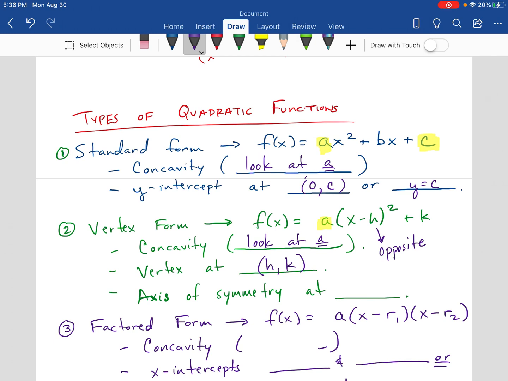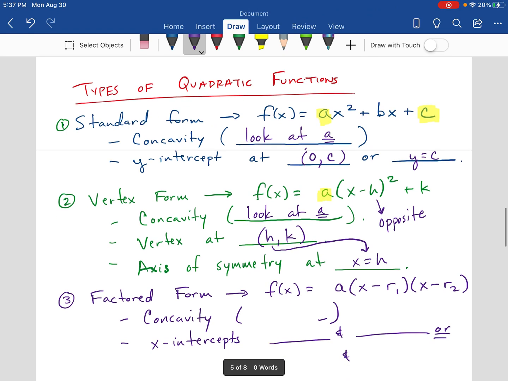So you have to do the opposite. For example, if it says x minus 3 in the parentheses, then the h would be a positive 3, because that is the opposite of that. And then finally, the axis of symmetry is at x equal to h. Whatever you got for h on the vertex, that is the exact same h. So you're just copying that h.